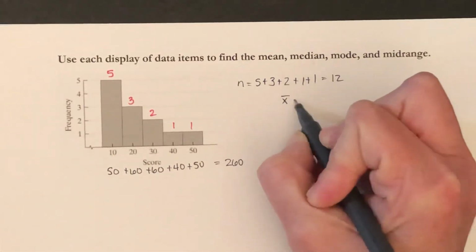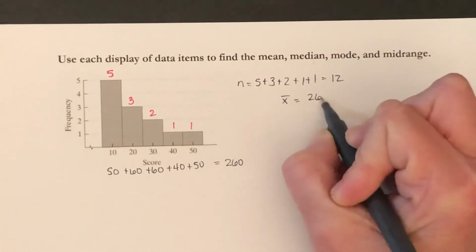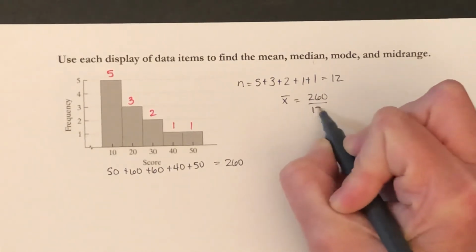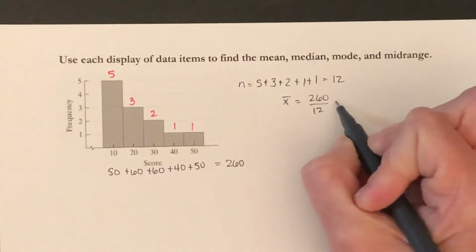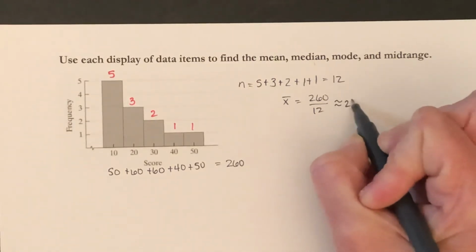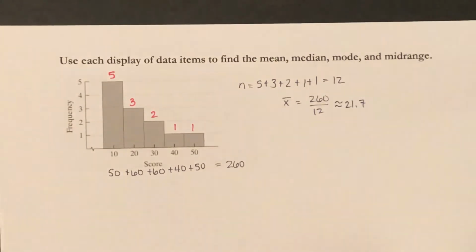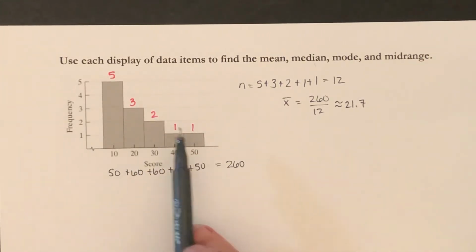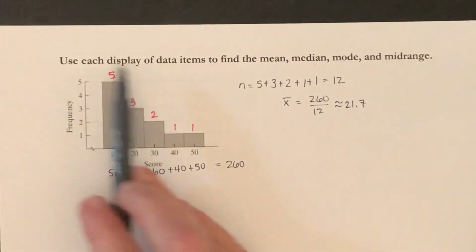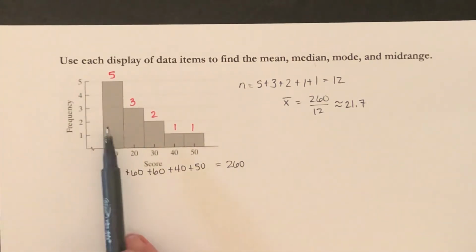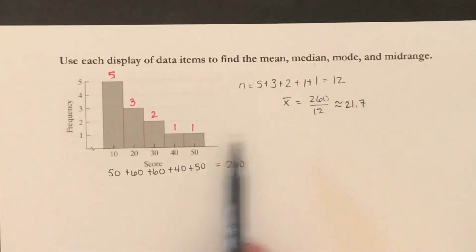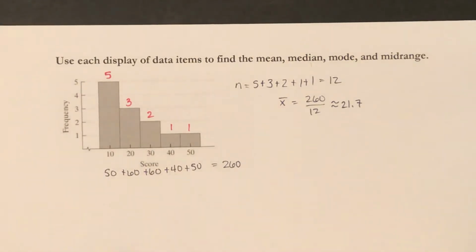So the mean is 260 divided by 12, which is approximately 21.7. I'm looking at this and you did have a lot more down here on the lower range, so it does make sense that we'd get a value that's a little bit closer over here. I'm just doing a gut check as to whether it makes sense.